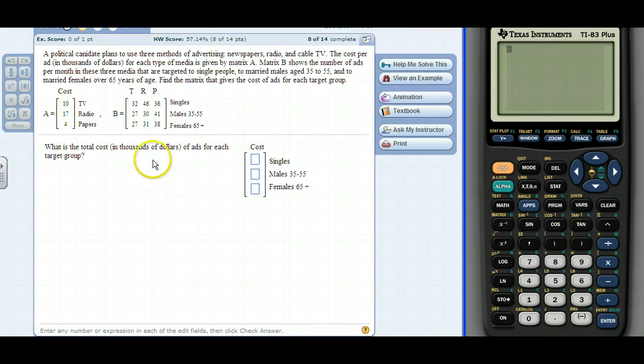Well, that's obviously 32 times 10, plus 46 radio ads at $17 each, plus 36 paper ads at $4 each, and that gives me 1,246 that we spent for singles.